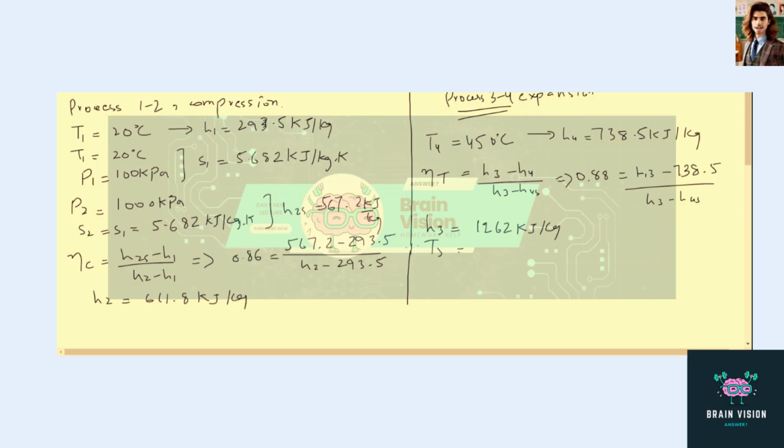Temperature T3 is equal to 913.2 degrees centigrade, and entropy is 6.507 kilojoule per kg K. At temperature T5 equal to 325 degrees centigrade, the value of H5 is 605.4 kilojoule per kg.